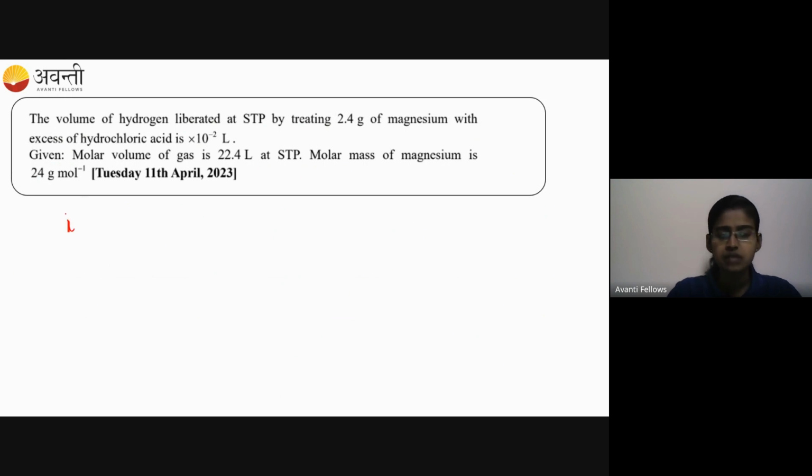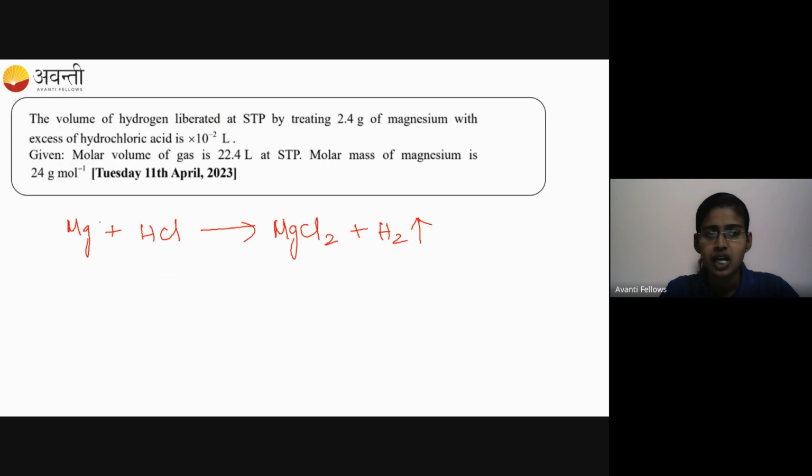So magnesium is reacting with HCl, hydrochloric acid. If it reacts with HCl, it will produce a salt, magnesium chloride, and hydrogen gas evolves. If I have to balance this equation, I have to put 2 here, right? Yeah. Now the equation is balanced. This is the reaction.